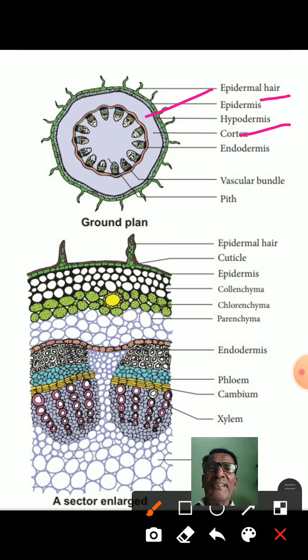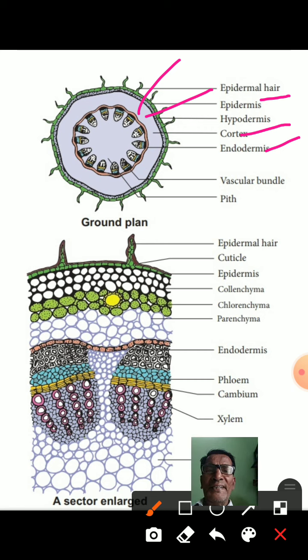This is a storage region of the stem. It stores reserve substances in the parenchymatous cells composing the cortex. The lowermost region of this cortex is called endodermis, shown brown colored in the figure.